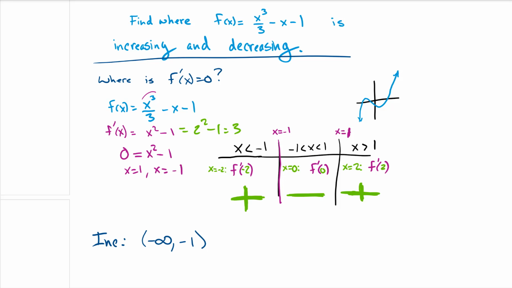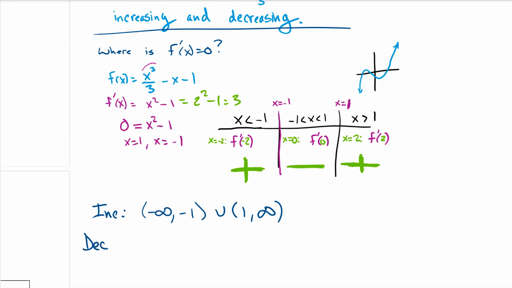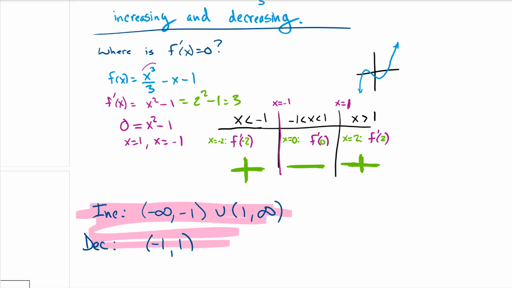So we have another interval. Remember that union thingy we used to use back in the day? It goes to infinity. And now we just write down that it's decreasing on the interval, and it's only decreasing between -1 and +1. And there it is. We have now found where this is increasing or decreasing.